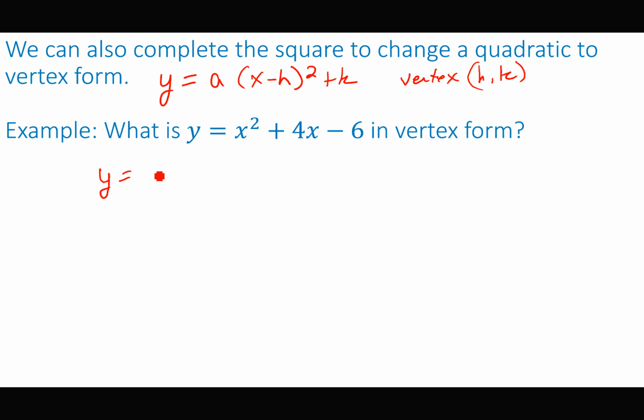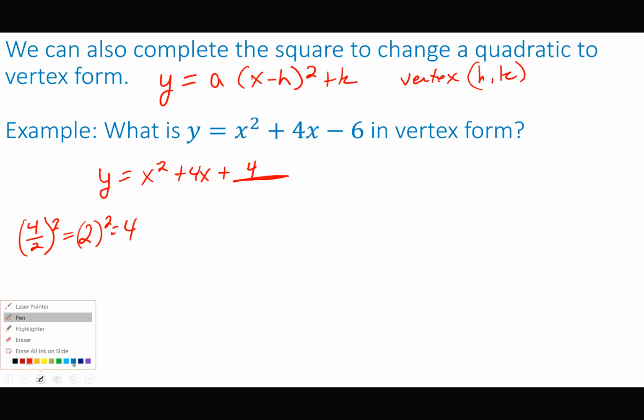So y equals x squared plus 4x. And then we want to see, what value creates my perfect square trinomial? So we do our b divided by 2, squared, and so that's 2 squared to get 4. So this would be 4.